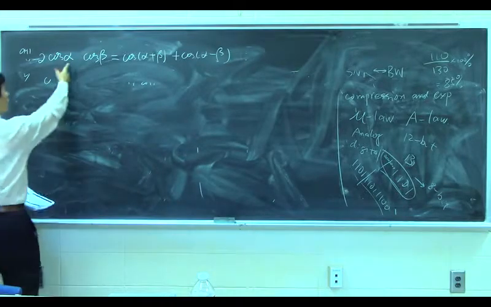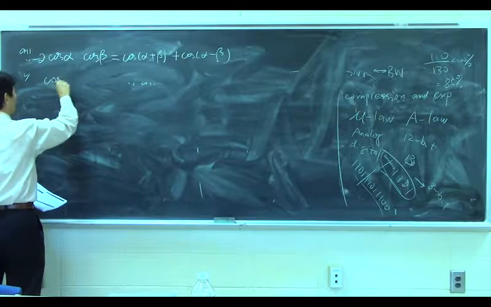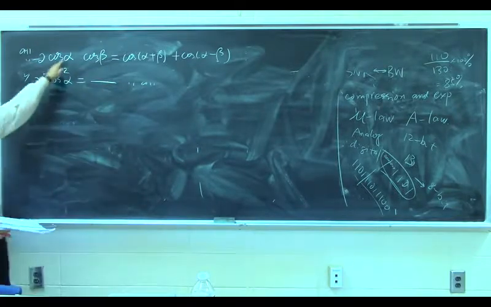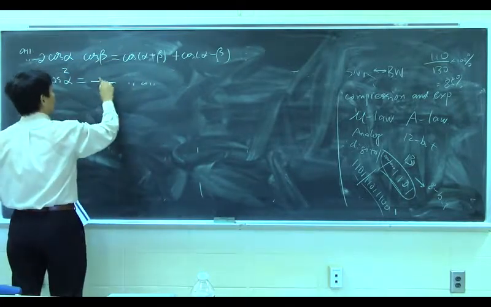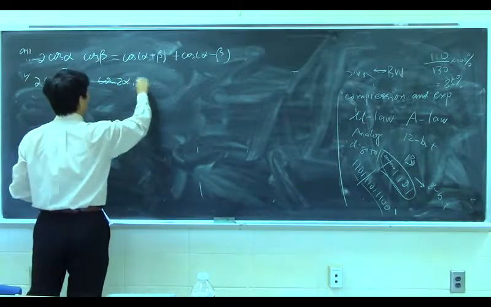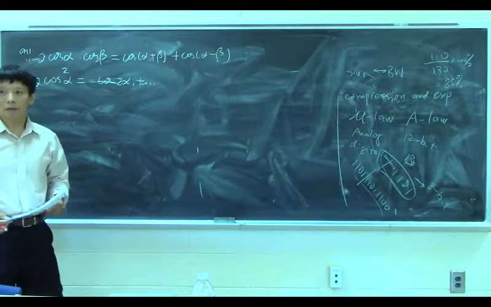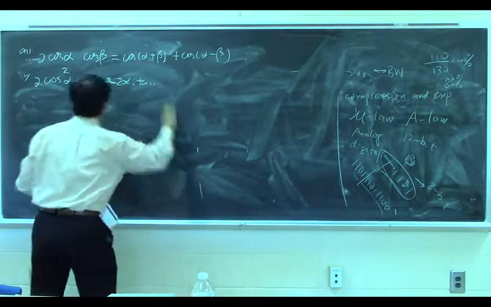For example, if alpha equals beta, so 2 cosine alpha squared equals cosine 2 alpha, since alpha plus beta is 2 alpha, then plus, since alpha equals beta, alpha minus beta equals 0, and cosine 0 equals 1. So that will be equal to 1.